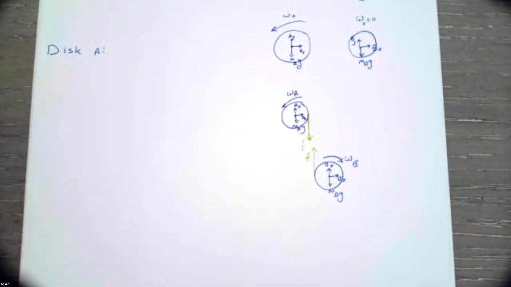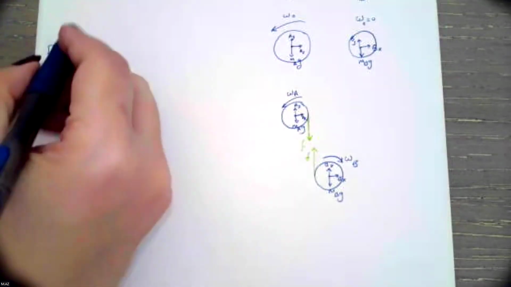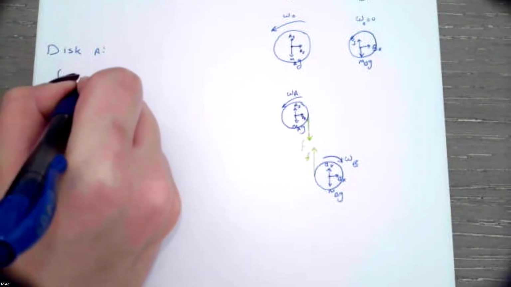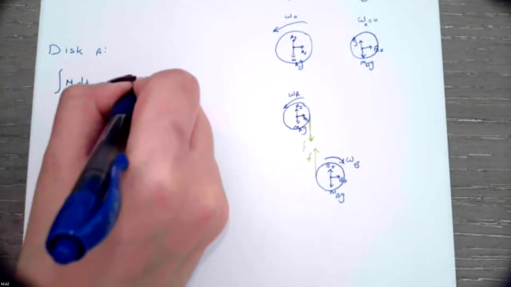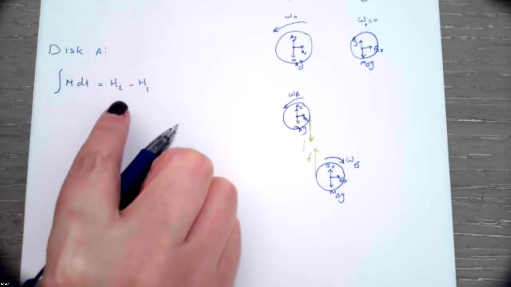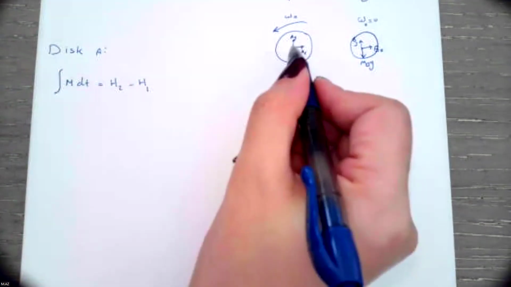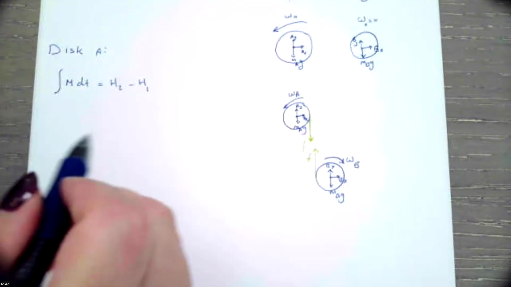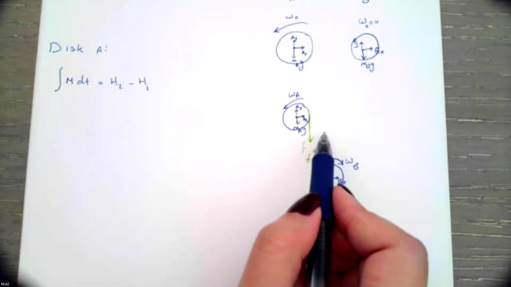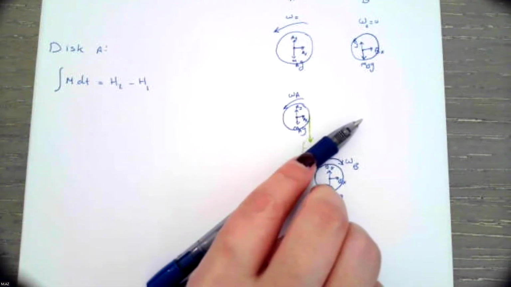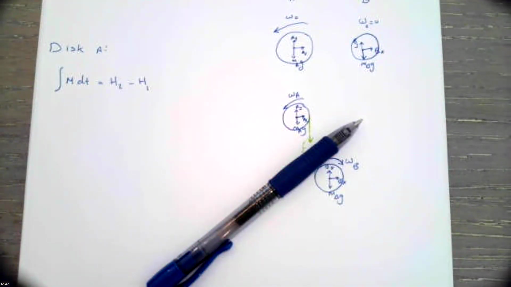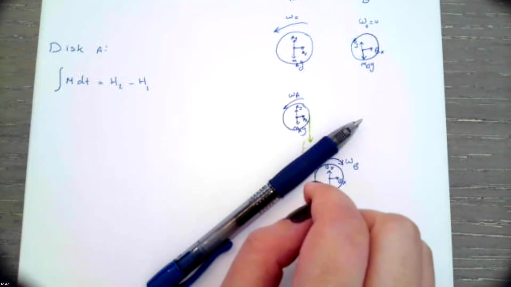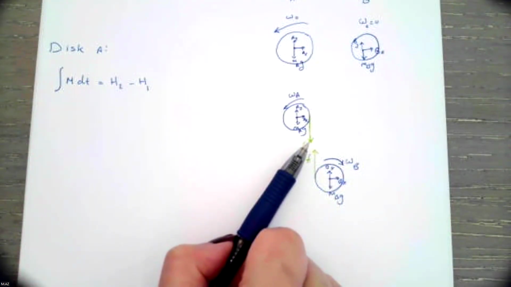For disk A, we are using this equation: the sum of M dt equals H2 minus H1. We are finding the angular impulse at the center of each of the disks. If we look at the free body diagram for disk A, the only force that makes a rotation at the center of disk A is the friction force.